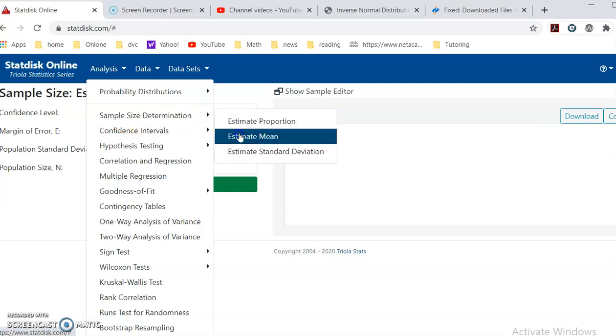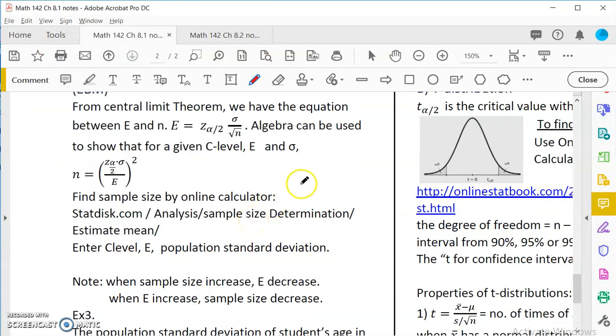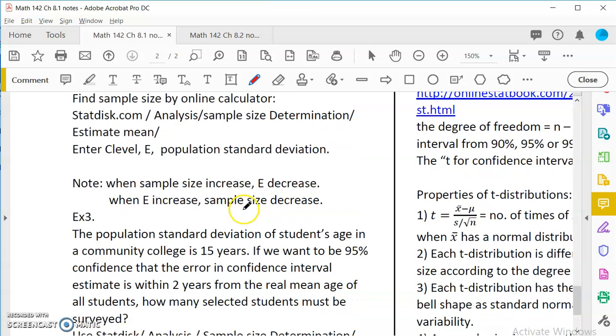We are estimating mean, so you just need to provide your confidence level and the margin of error that you want, because you haven't done anything yet. Population size you don't have to give, but you need to provide the population standard deviation, because this is how the error spreads out. Without this number, it can't give you the answer. So let's do an example.